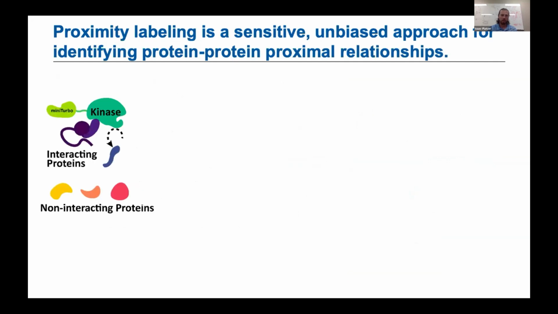The way my lab is doing this is to use proximity labeling, which allows us to define the cellular neighborhood of each of these kinases and identify what cell structures or protein complexes a kinase is part of. We take a kinase of interest, which we also call the bait protein, and fuse it to a promiscuous biotin ligase, here called mini-turbo, and stably express this in a model cell line.